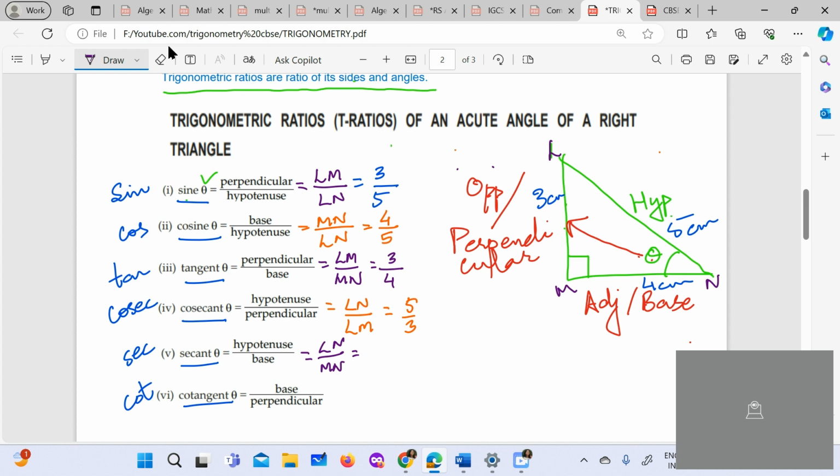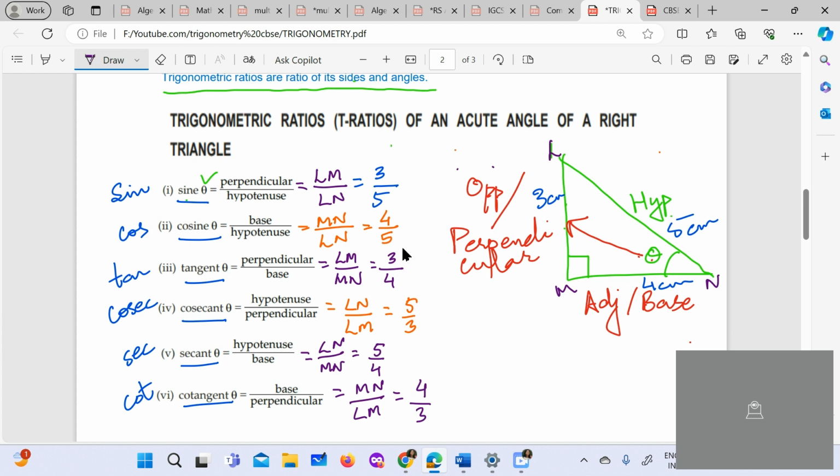The LN value is 5 and the base value is 4. And now the last one, that is cot. Cotangent theta, also pronounced as cot, is the ratio base upon perpendicular. So let's write MN over LM. The value of MN is 4 and LM is 3. So these are our trigonometric ratios. I hope this is clear to everyone.